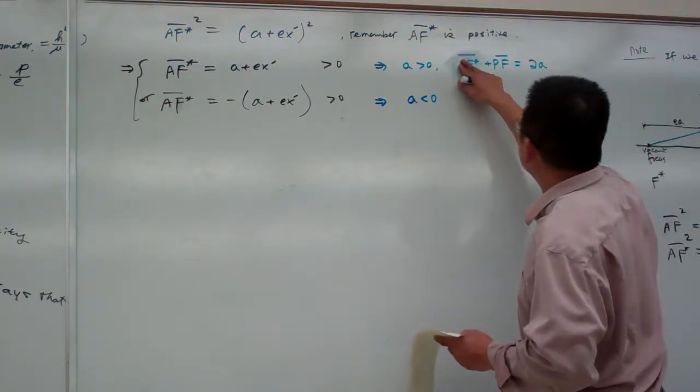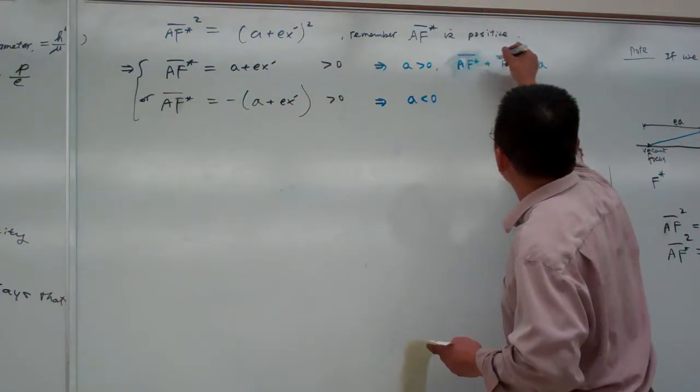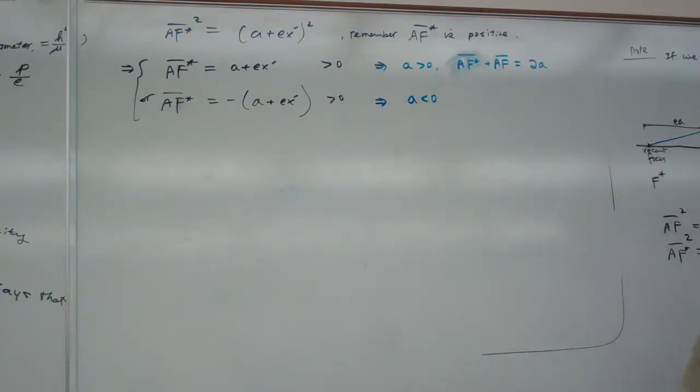Not P, it's A, sorry. So this is R, AF equal to R minus, R equal to A minus EX. Okay, so that's equation 3.